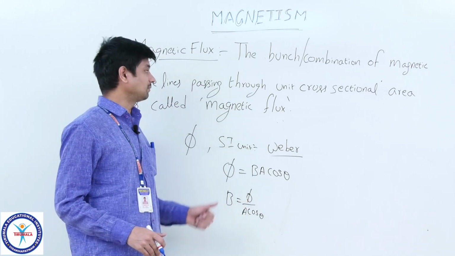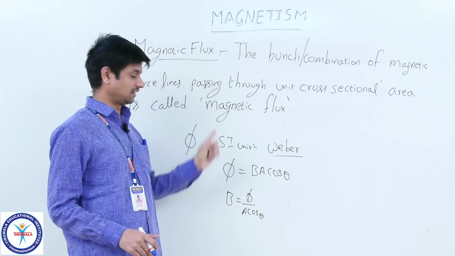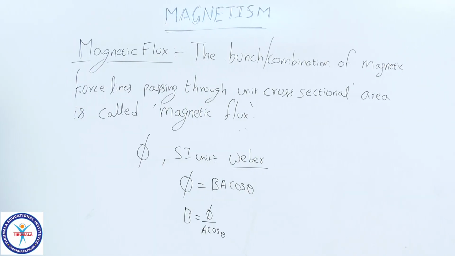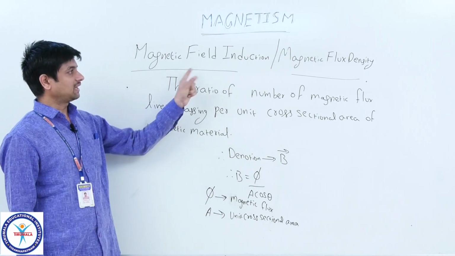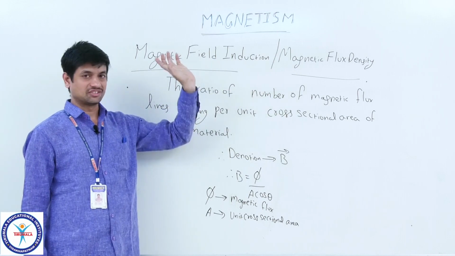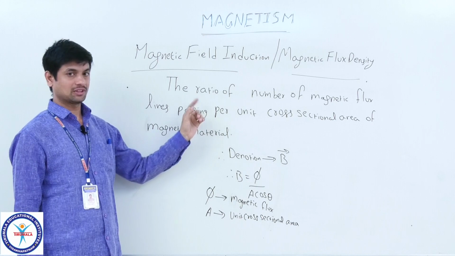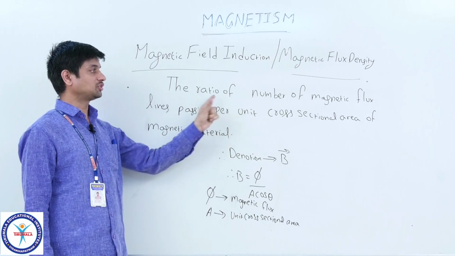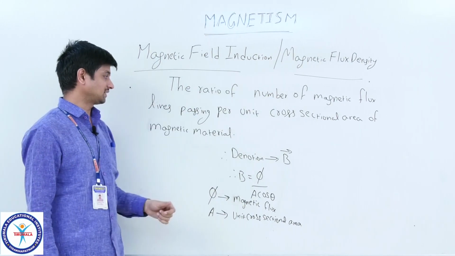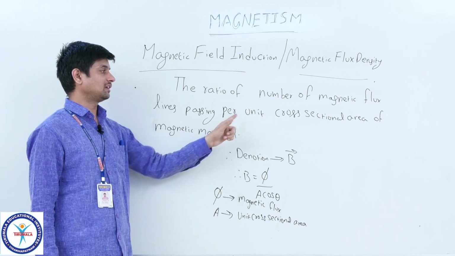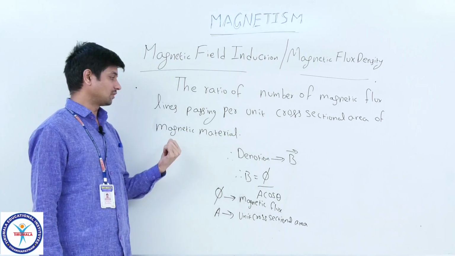Phi is nothing but the magnetic flux. Magnetic field induction, or magnetic flux density, means I just changed the definition compared with the magnetic flux. Look at this, the ratio of the number of magnetic flux lines passing per unit cross sectional area of magnetic material.